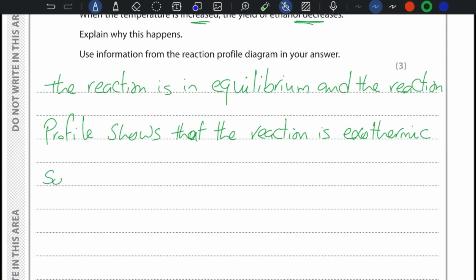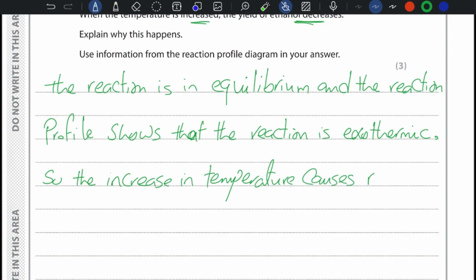So the increase in temperature causes the reaction to move towards the reactants.